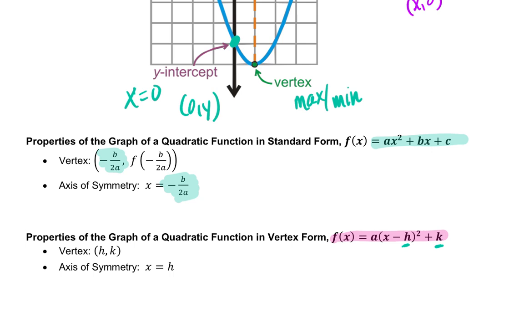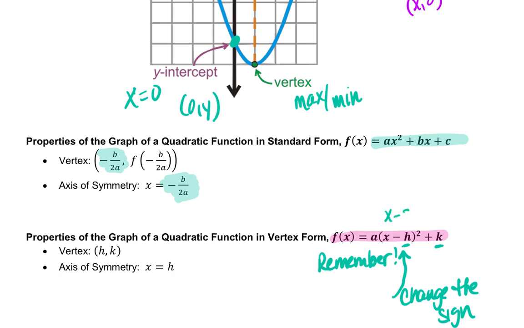So change the sign of h. So if this said x minus 3, then the x value would be positive 3.